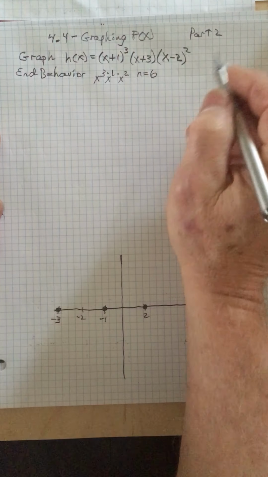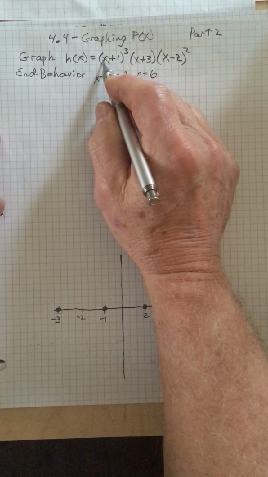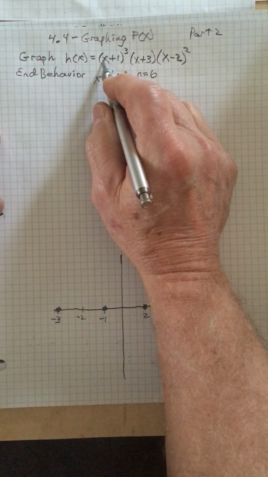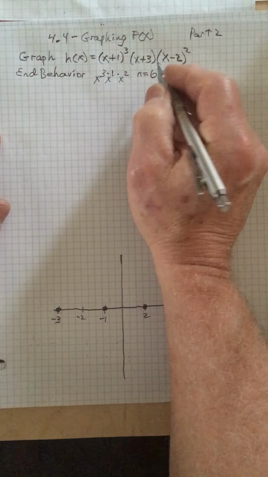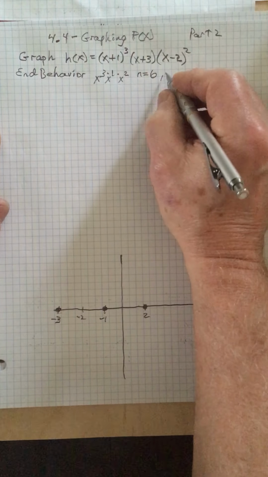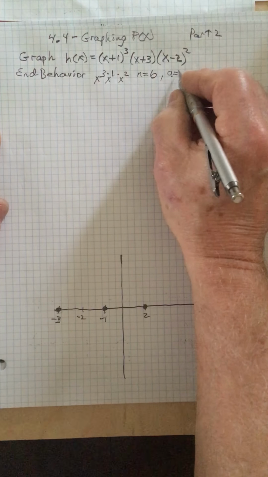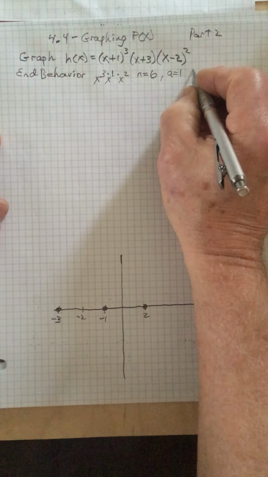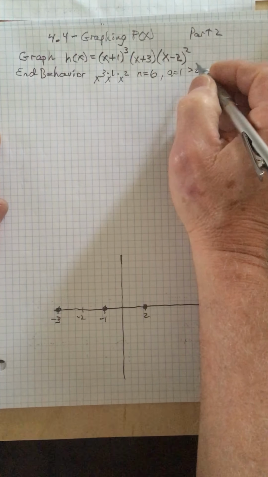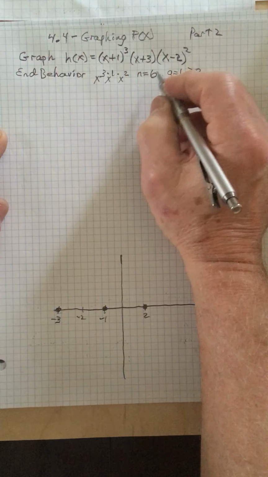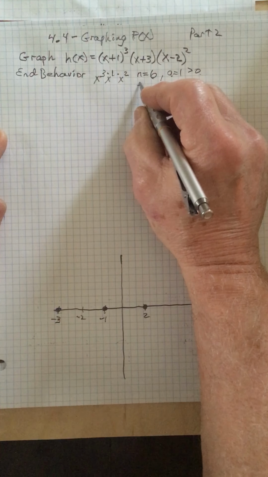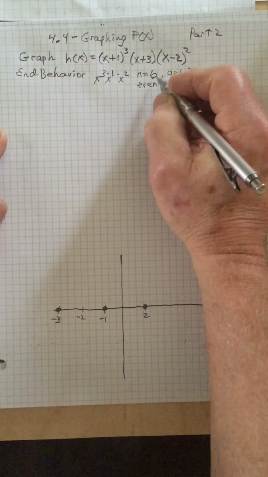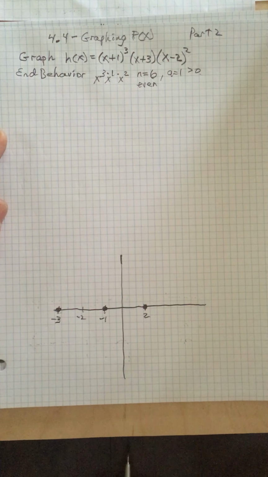Also, if we look at a, x times x times x, that's still just a 1. This is a 1, this is a 1. So a is going to be 1, and 1 is greater than 0. So by looking at these, n is even.